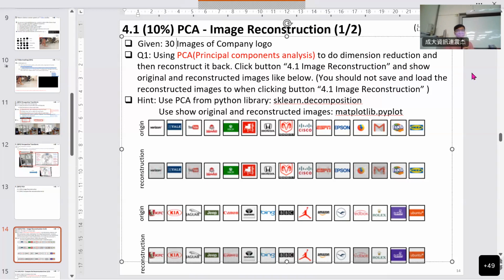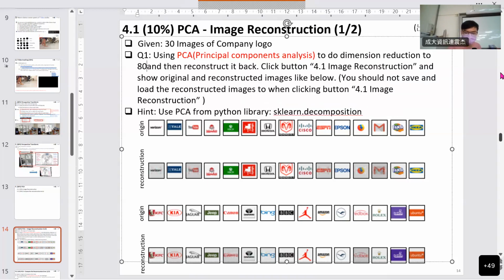Yeah, you reduce to 80%. Oh, maybe I made a mistake. I mean 80% is you will output 80% of the dimension.